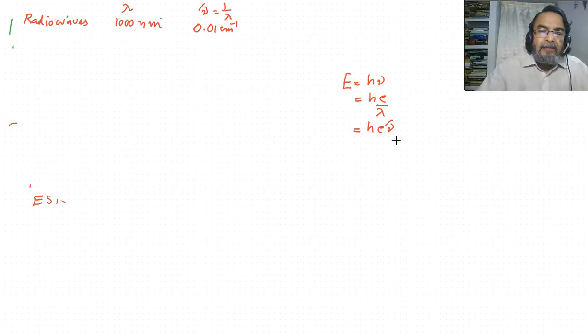So the second level is the microwave region. See, in radio wave, 1000 nanometer, or nanometer means what? 10 raised to -9 meter is called a nanometer. Or 0.01 centimeter raised to -1 is used. So it is responsible for the nuclear magnetic resonance spectrum.